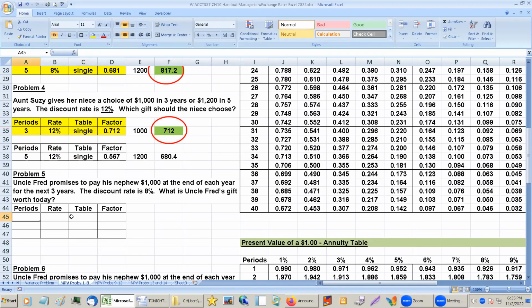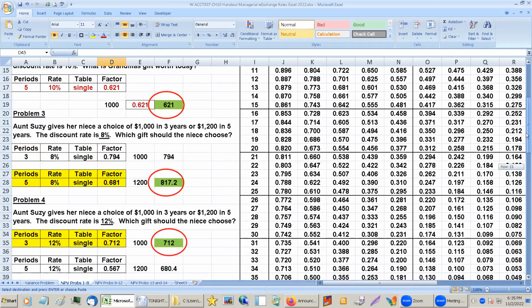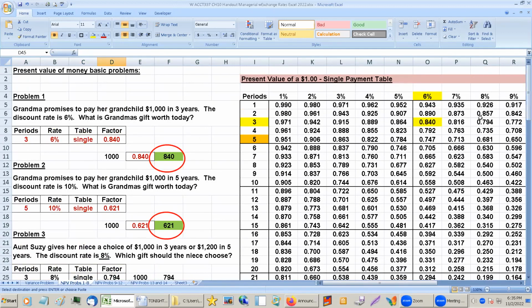Okay, we're going to use the single payment table on this one. Fred promised to pay his nephew $1,000 each year for the next 3 years. The rate is 8%. The table is single. And the factor at 8% is for each of the 3 years.